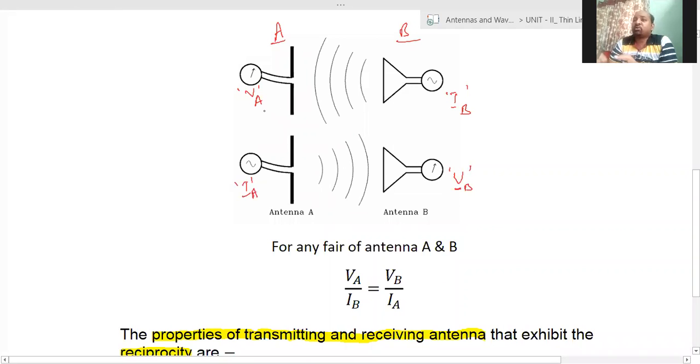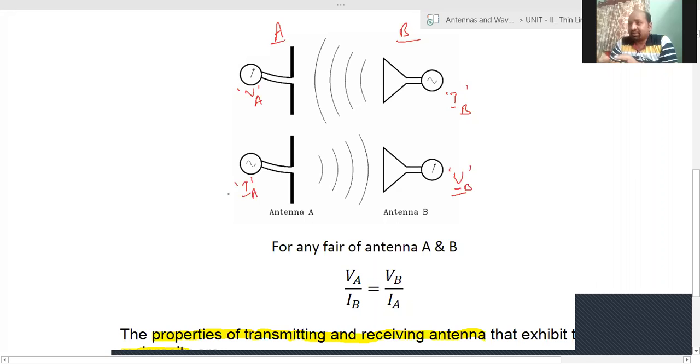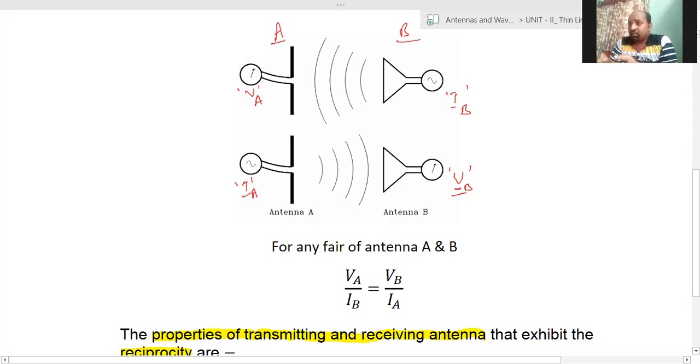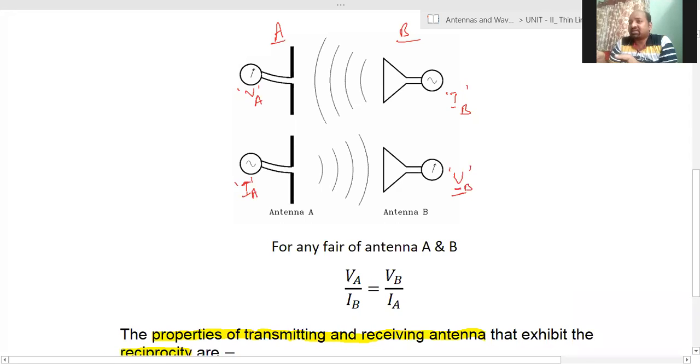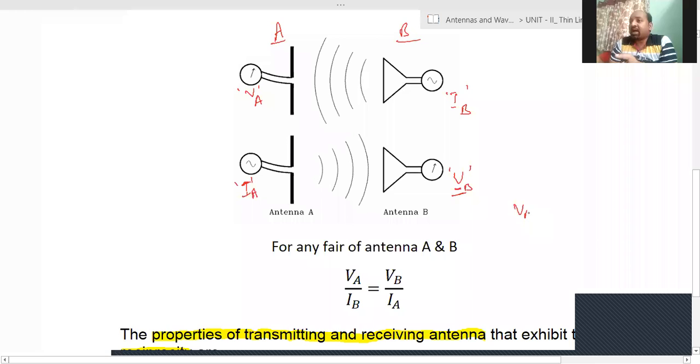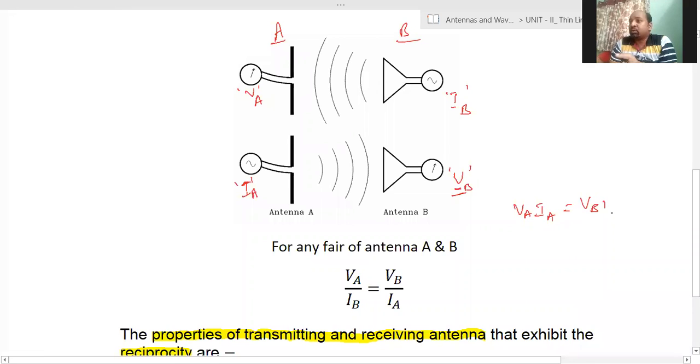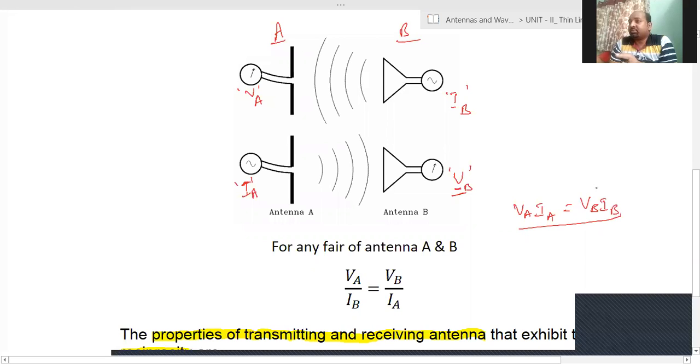So from the reciprocity theorem, a voltage VA is applied to antenna A, and IB is measured. If the same voltage is applied to antenna B, the current sensed at antenna A is IA. From this, we can say VAIA is equal to VBIB.